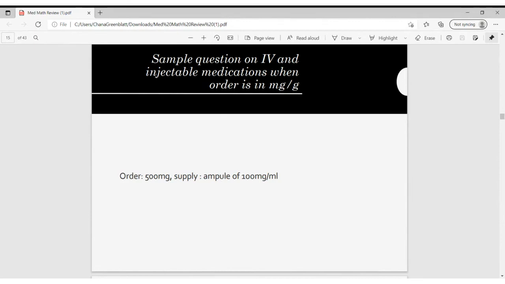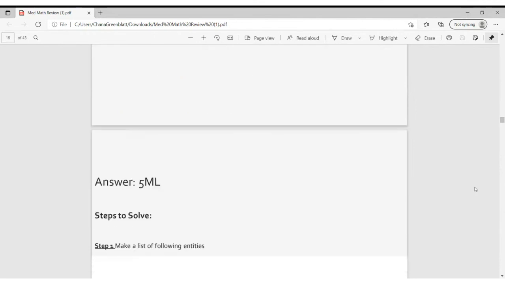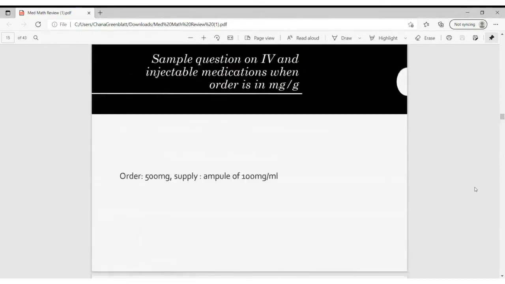So again, we're going to write what we want versus what we need. Oops, sorry, did not mean to show you the answer there. So we are going to write it out. Let me just write it on my paper here before I switch over.